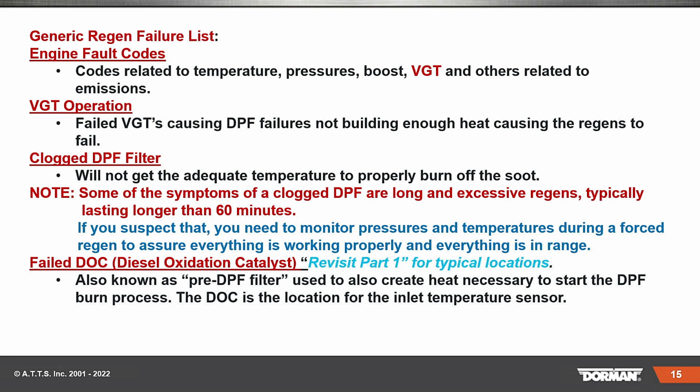If you suspect that, you need to monitor pressures and temperatures during a forced regen to assure everything is working properly and in range. And that's what Ryan had in the chat quite a few chats up. I can't go over there and put it up again, but Ryan mentioned that's one of the reasons you want to keep monitoring it.